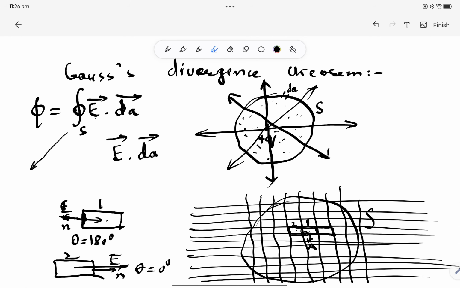When it is counted with cube 2, it contributes positive flux, equal positive, equal negative. And when the total flux of these two is calculated, the flux through this cancels out.